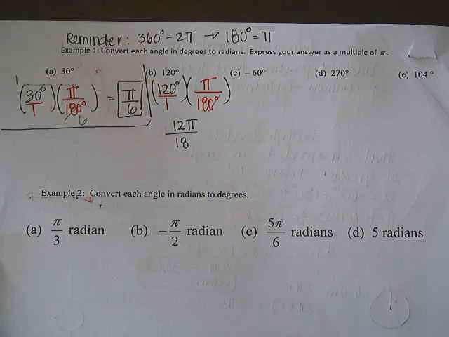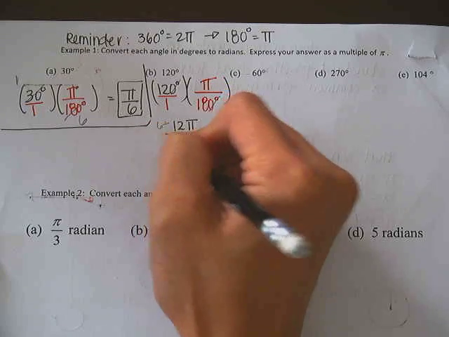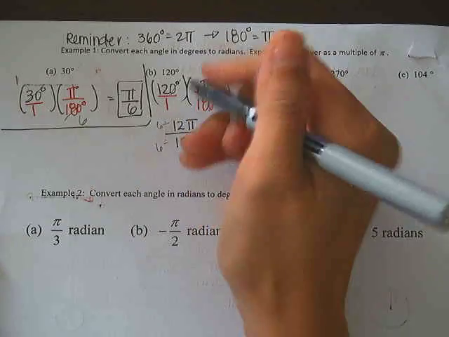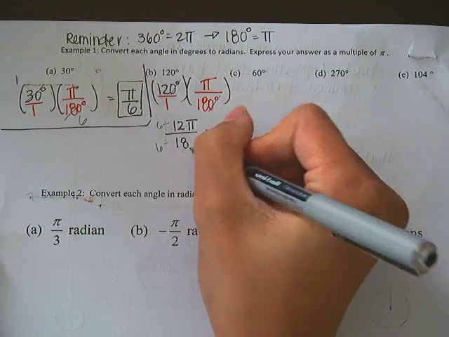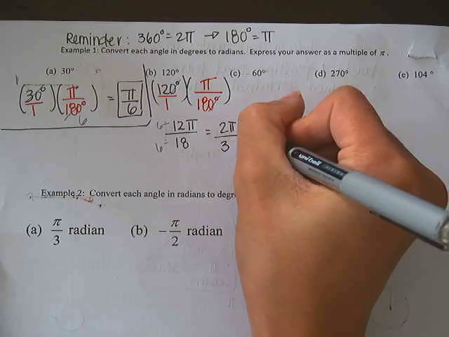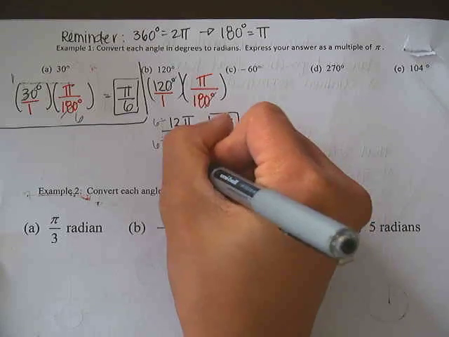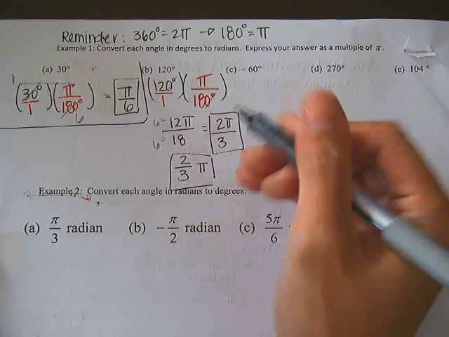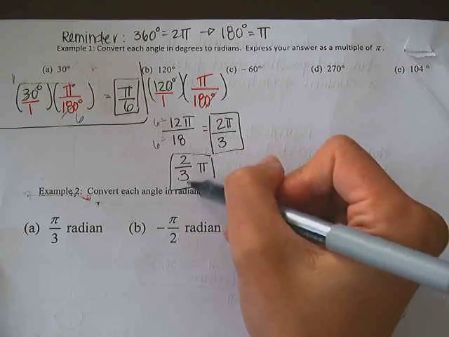They're both even, so I'm going to divide everything by 6. 12 divided by 6 gives me 2 pi, and 18 divided by 6 gives me 3. So you can write 2 pi over 3 radians, or you can write 2 over 3 pi radians. Your pi can be on the numerator, or it can be on the side, but never the denominator.